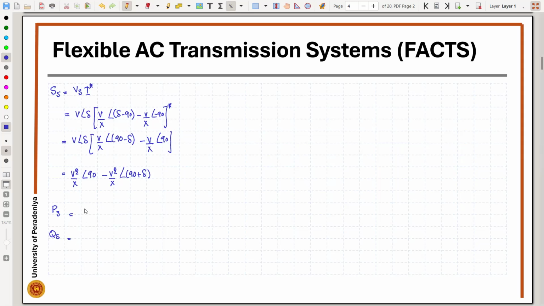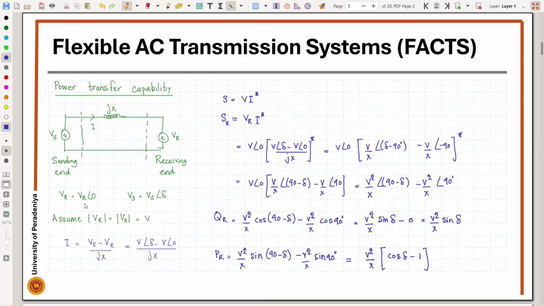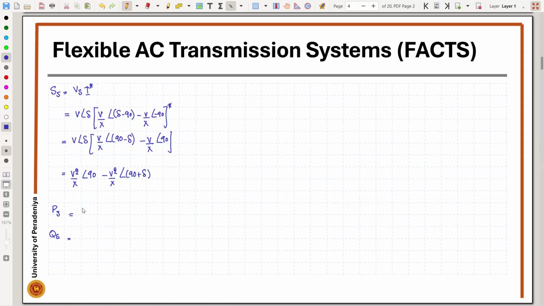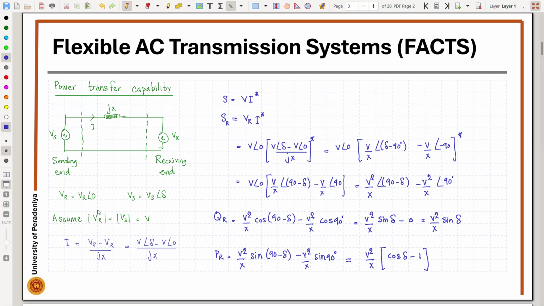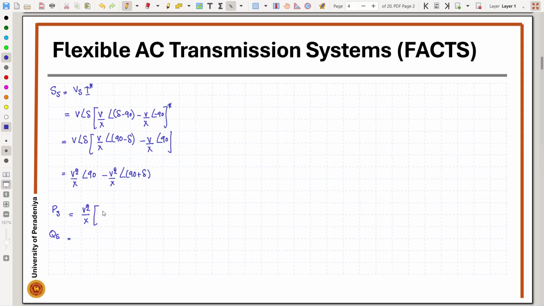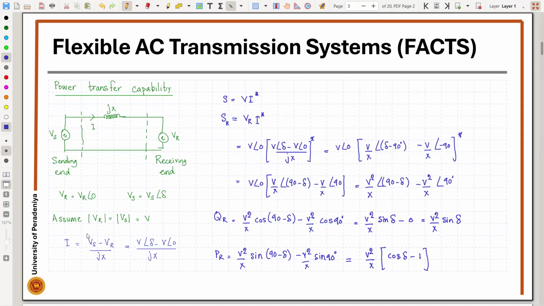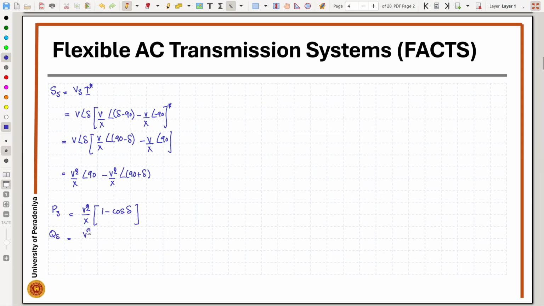So PS we are going to get as V squared over X sine delta, and QS we are going to get as V squared over X 1 minus cos delta.